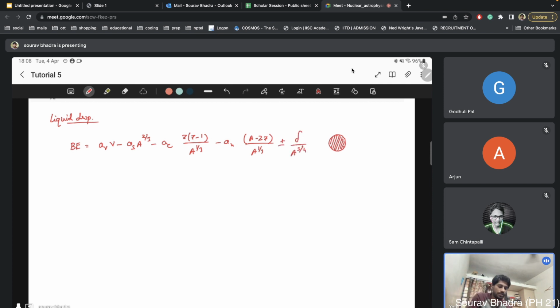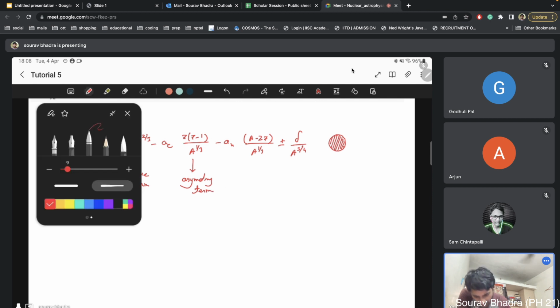Okay, so this is the expression by which we express the binding energy for the liquid drop model. Now this term is called the surface term. This is the asymmetry term. I will come to these terms.